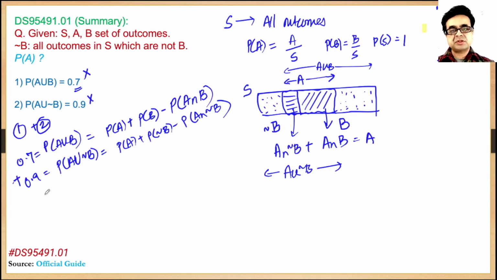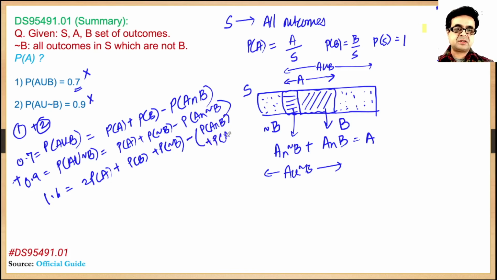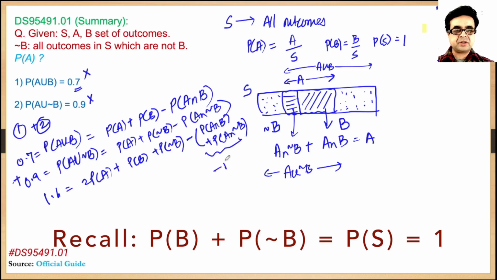Let's add them up. So this becomes 1.6 equals 2P(A) plus P(B) plus P(tilde B) minus the sum of P(A intersection B) and P(A intersection tilde B). From this equation, we know that A intersection B plus A intersection tilde B is nothing but A. So this quantity here would be nothing but P(A).